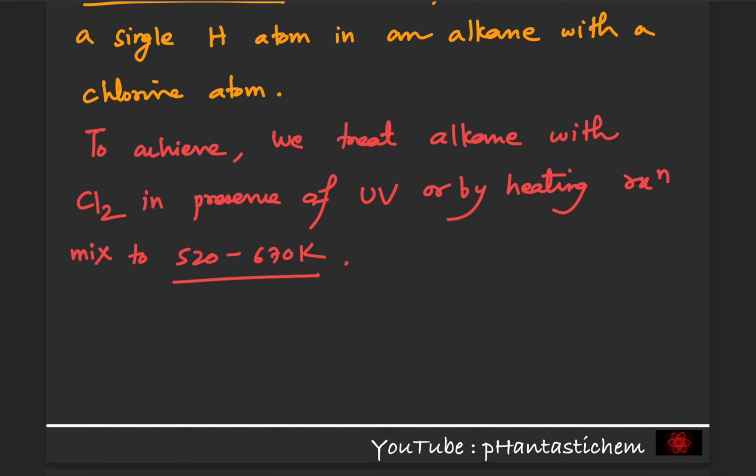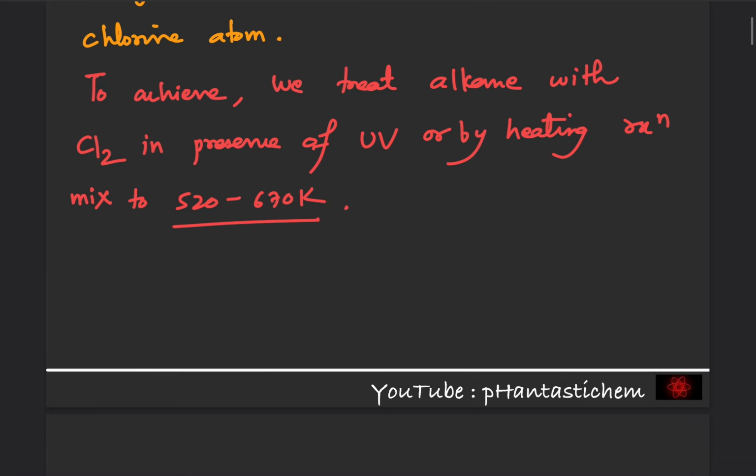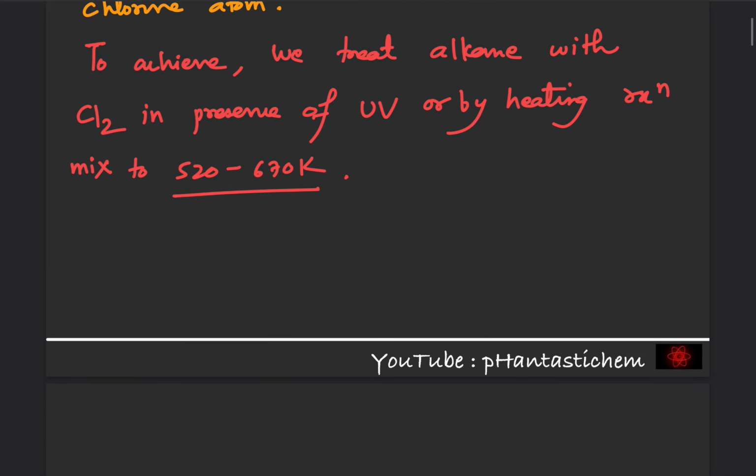Okay, and the process happens via a free radical mechanism. To ensure monochlorination, because it is strictly mentioned in the question that we are monochlorinating, we take a huge excess of alkane relative to the chlorine, which helps to minimize any polychlorination. Very important point.